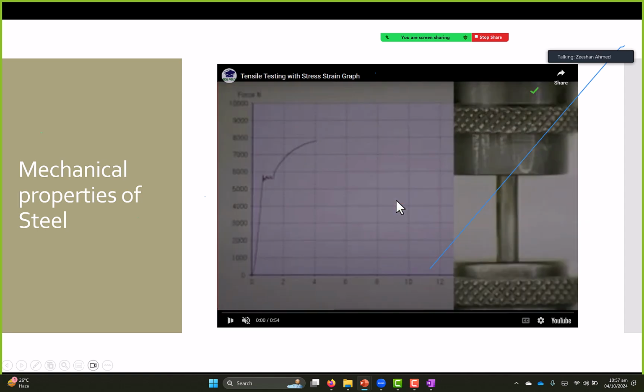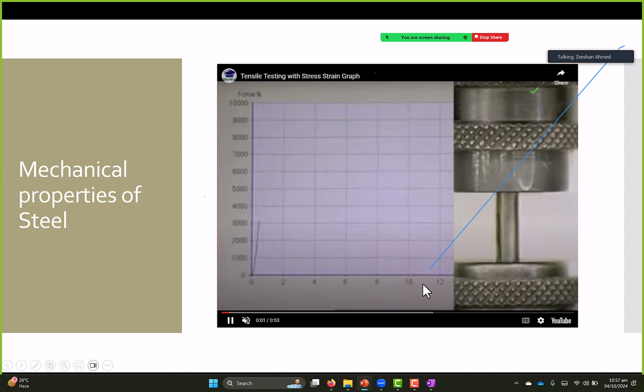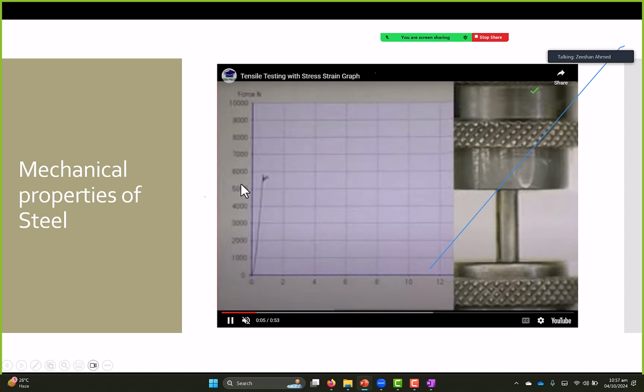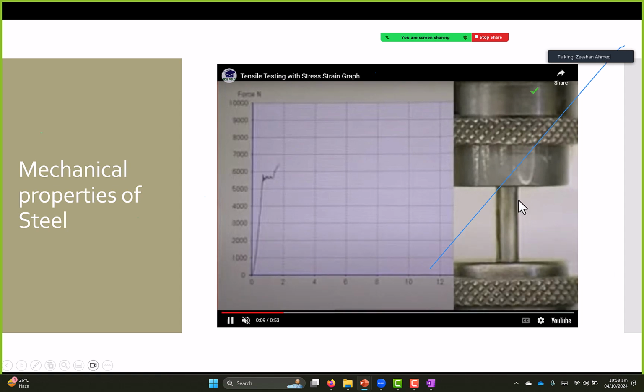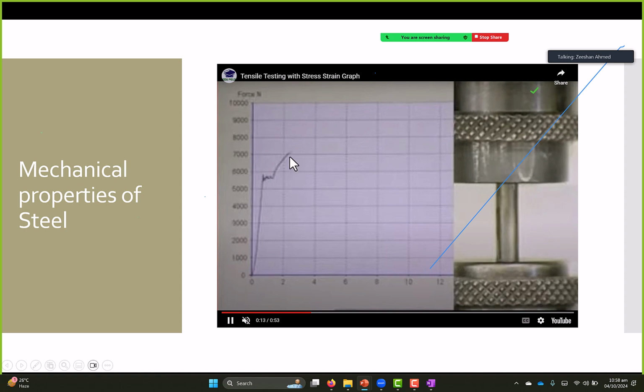So, tensile strength. Let's look at this test. You're pulling it. You see a value on X and then you have a value on Y. Keep a close eye on this. As the force is increasing, it's extending more and more.